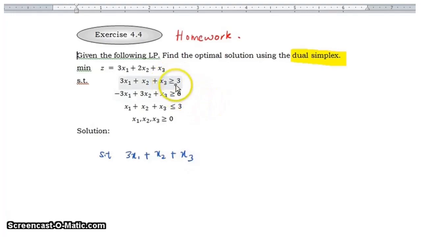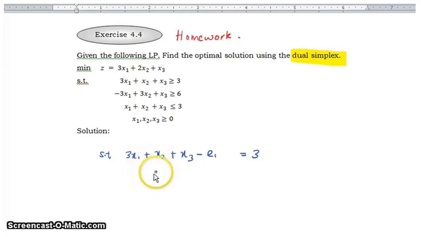Since the first constraint has a greater than or equal to sign, we need to subtract an excess variable from the left-hand side of this constraint: minus E1 equals 3.